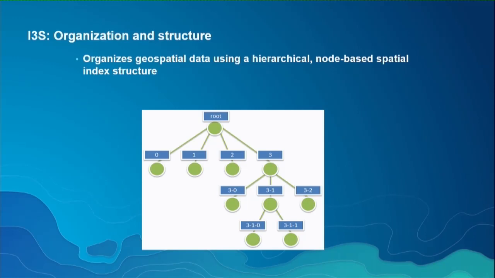So how is data organized in I3S? I3S organizes information using a hierarchical node-based spatial index structure in which each node payload may contain features associated with it, with geometries, textures, and attributes. So imagine you're looking at the slide. You have the blue boxes that represent the node resources, and these are the IDs or the addresses, if you will, that a viewing application will traverse to fetch the content.